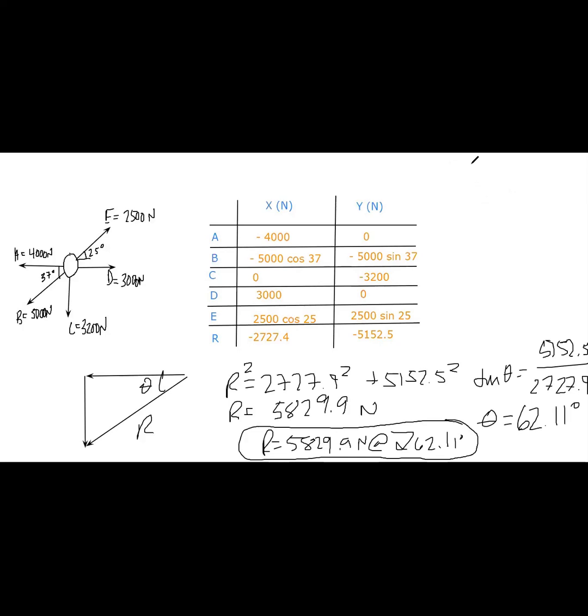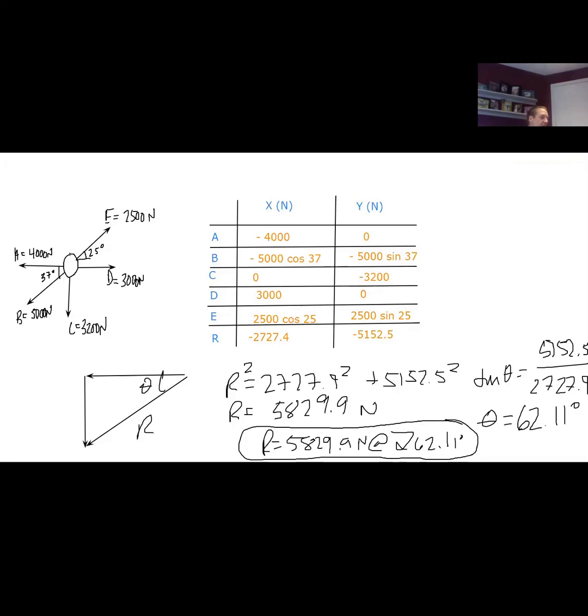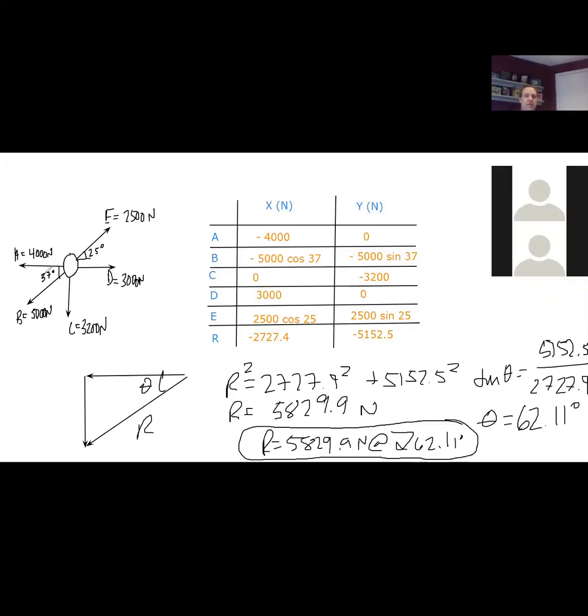All right, we're back. I got her up there on the screen for you. How'd we do? Good? So the 37 degrees only affects B and not A? Yeah, A is a horizontal force. Oh, okay.